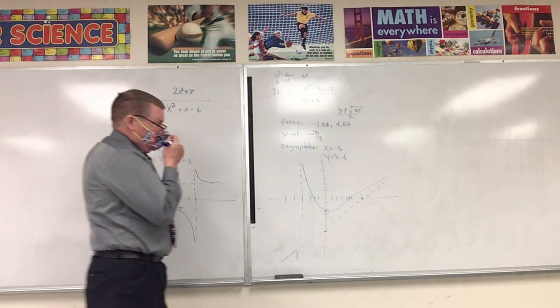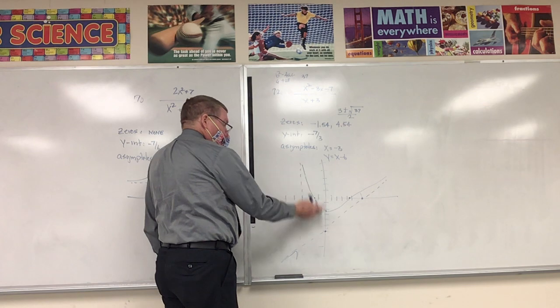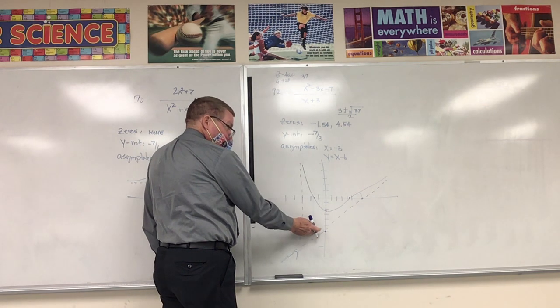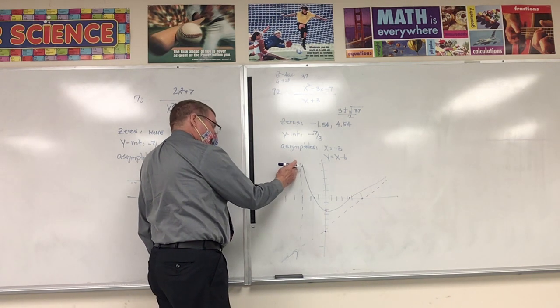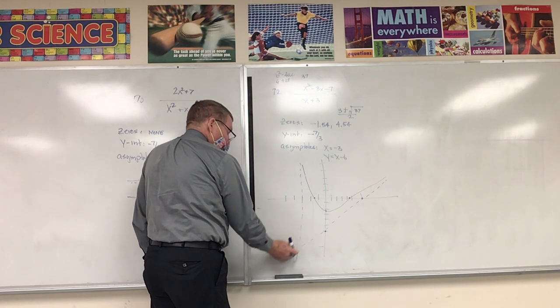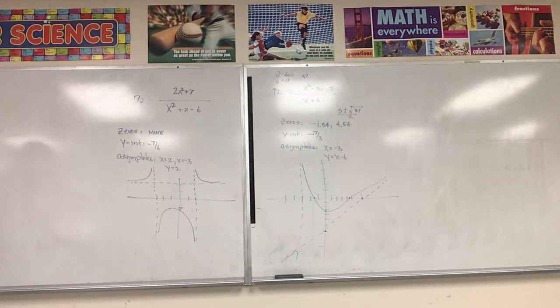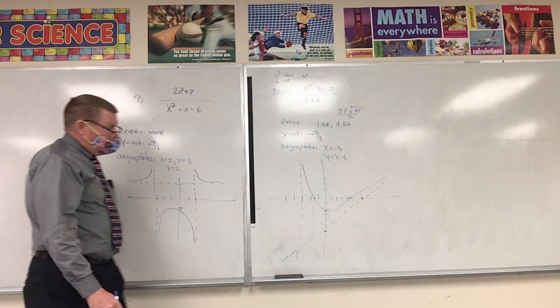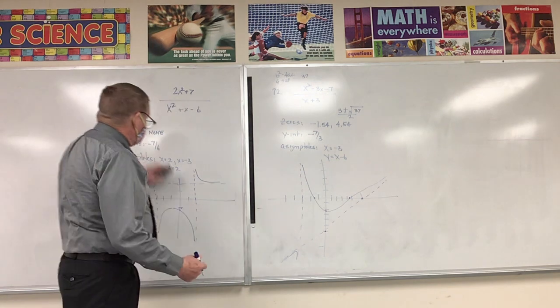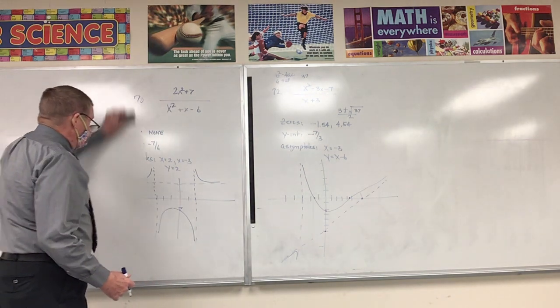So again, I'm up on the right hand side above the slant, so therefore on the other side I'll be down below. So I know I'm in that little space there. So again, you can check that out on your calculator.